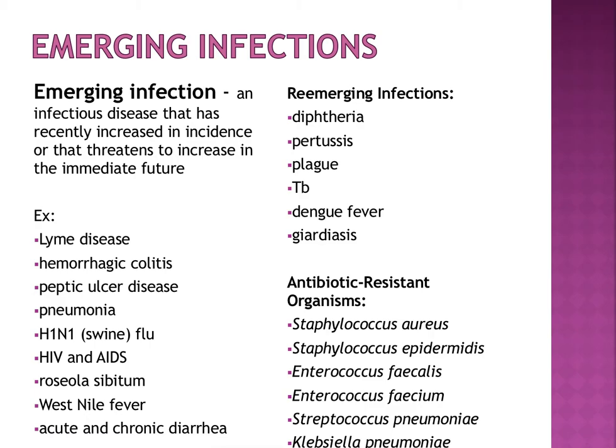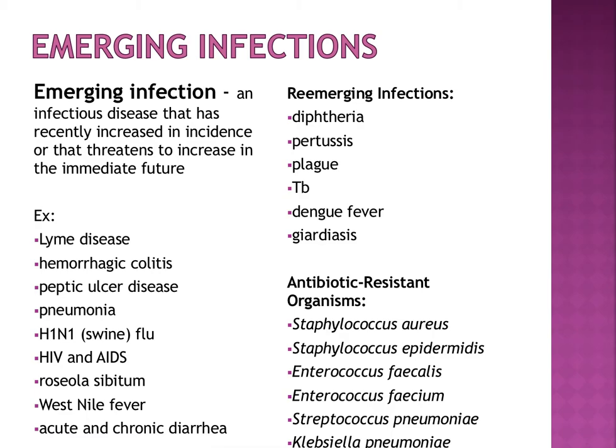So HIV, AIDS, swine flu, peptic ulcer disease, because what do we remember about peptic ulcer disease? It can be from an infection. West Nile fever, acute and chronic diarrhea. So those are from either viruses or bacteria that are very resistant.